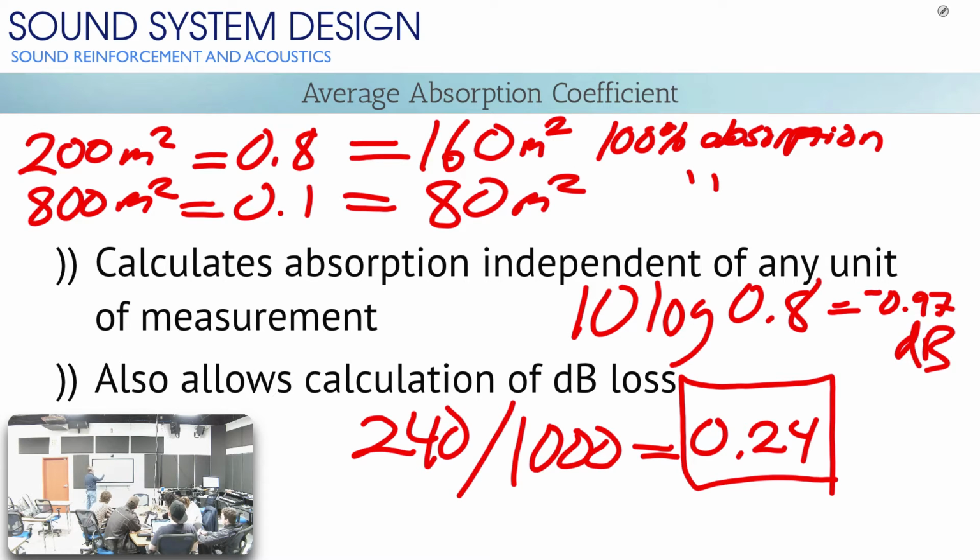So 200 square meters of curtains has an absorption coefficient of 0.8, and you got 800 square meters of drywall that has an absorption coefficient of 0.1. Okay. Right? That was where we started from. Okay, and then we just worked that up to figuring out that in this room, sound comes back off the walls on average 1 dB quieter.